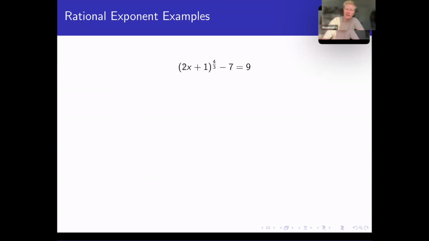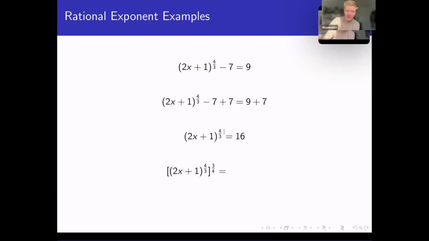So here, we got to get 2x plus 1 to the 4/3 by itself. Let's add 7 to both sides. And now we're going to raise both sides to the reciprocal of 4/3. That would be 3/4. But this original numerator is even. So if it is even, we pick up plus and minus.